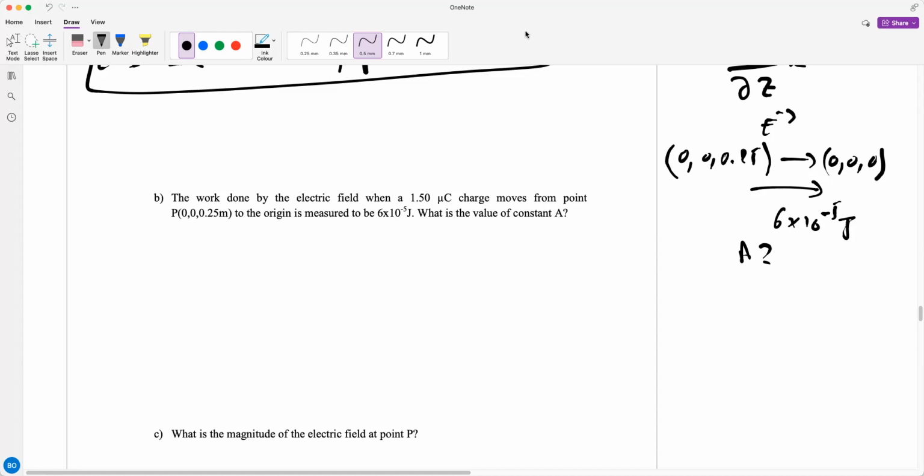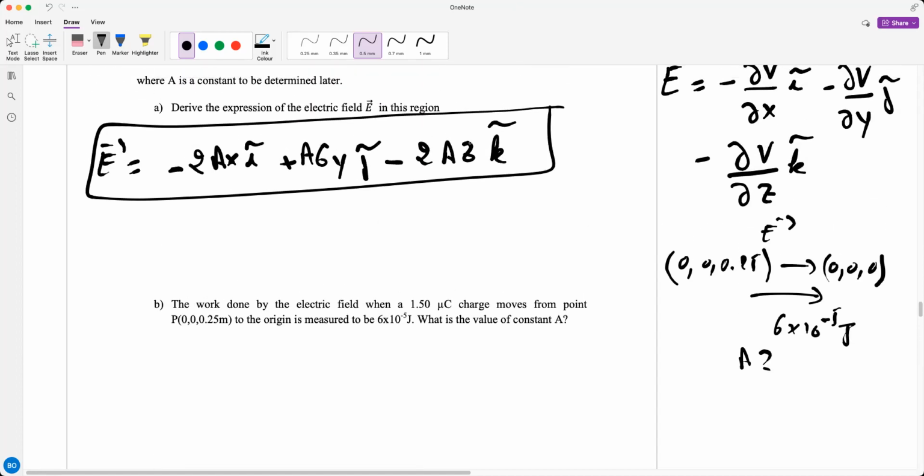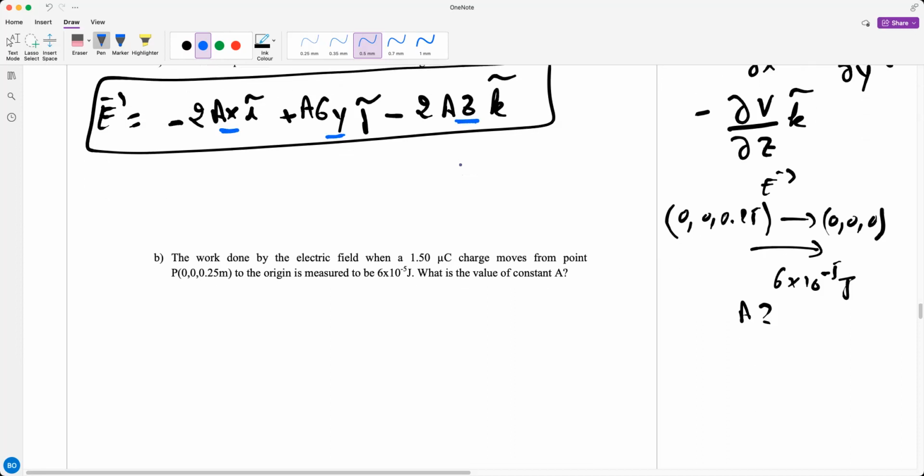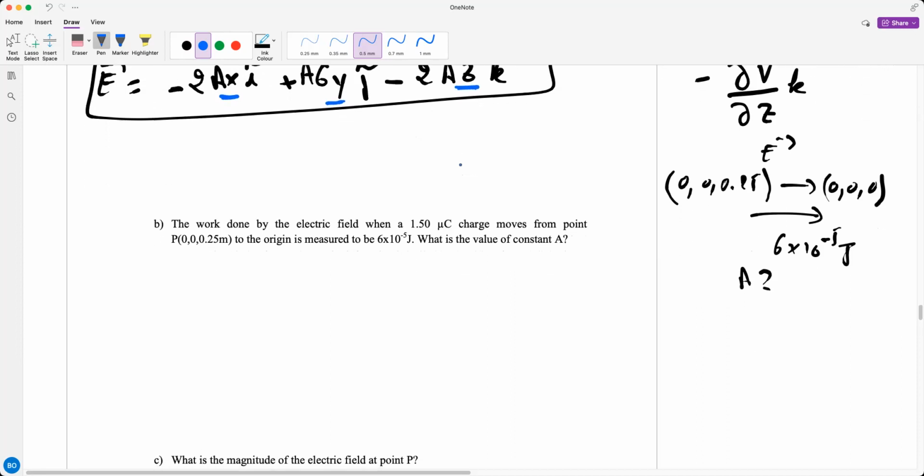Remember, the electric field here is not constant. It changes as a function of x, as a function of y, as a function of z. So you cannot apply the rule directly.